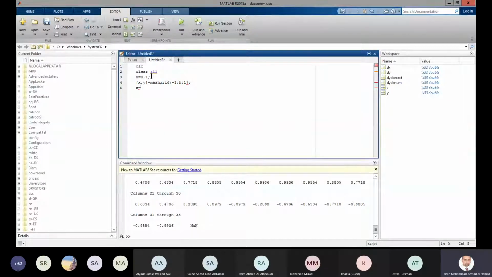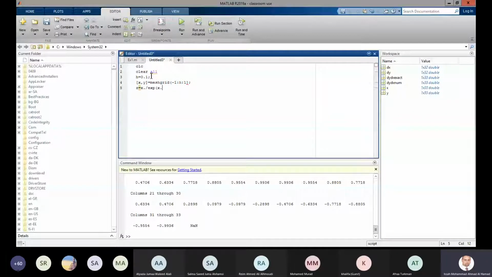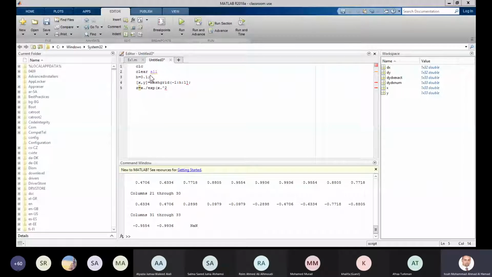Okay, so z equals x dot divided by exponential, and I am adding the dot because x is a vector now, x dot squared plus y dot squared.